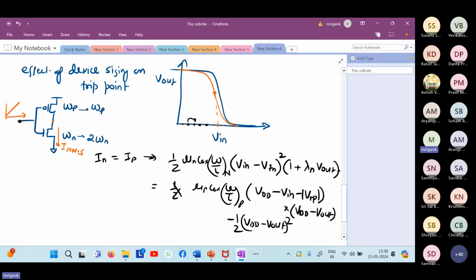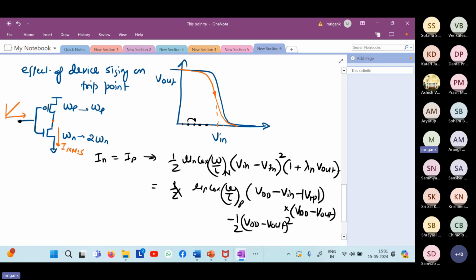And our quantity of interest is what is happening to V out as we increase the W by L of the NMOS. So from the V out expression, what will happen if W by L of NMOS is increased?